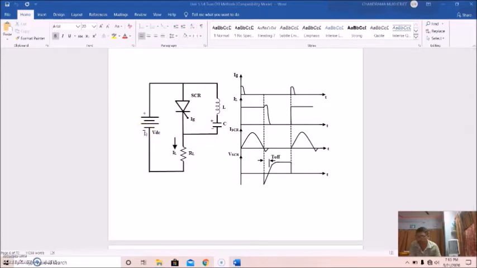At mode 2, when a gate pulse is applied to the thyristor, the thyristor is turned on.